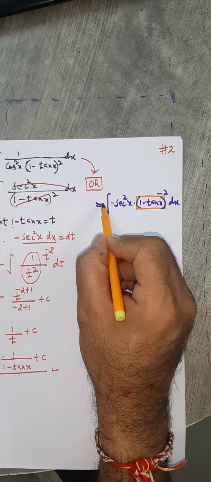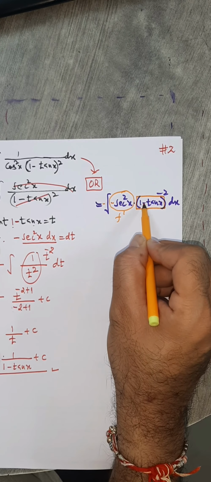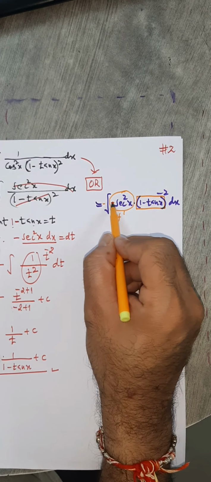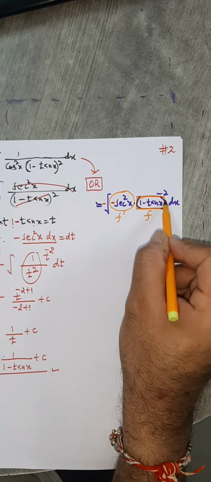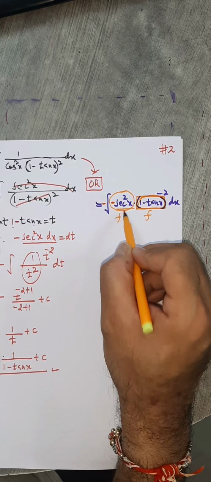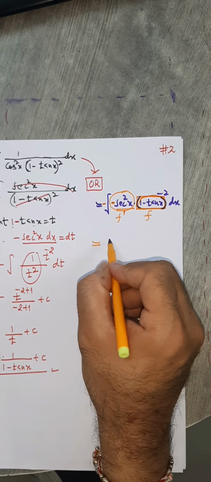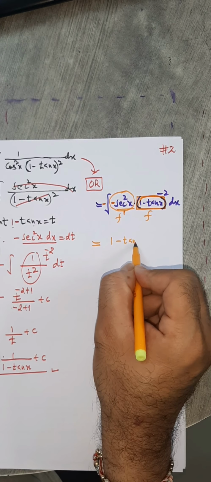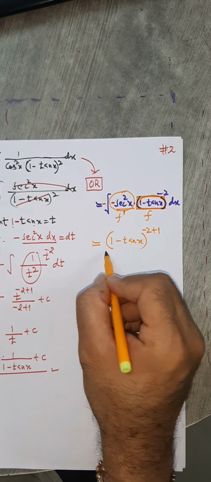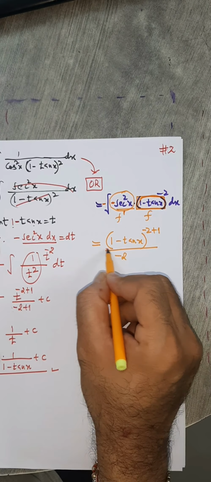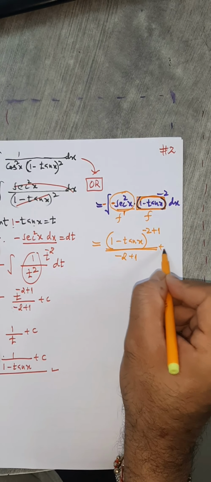What's the derivative of 1 minus tan x? 1, 0 minus, I know that is sec squared x. So multiplying minus twice. So this much only, not the power. This is f, this is f dash. So according to that formula, raise the power by 1. So 1 minus tan x raised to minus 2 plus 1 upon minus 2 plus 1 plus c.